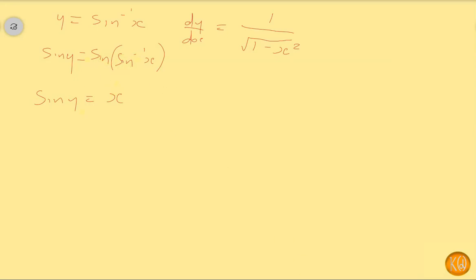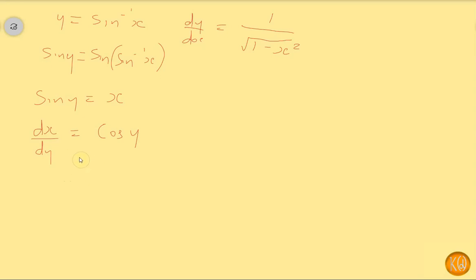Okay, great. So we have sine y is equal to x. Now what we can do from here is find dx dy. Now dx dy would be equal to the cosine of y, right? Because when we differentiate sine we get cos. Since this is just y, then the derivative of sine y is cos y.